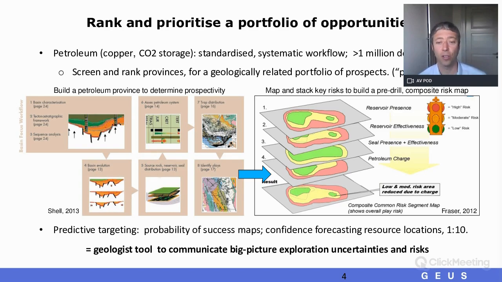On the right-hand side, you can see that the product of this logic is predictive targeting, and the outputs are probability of success maps, which is how geoscientists, using colours, show their confidence in their model to forecast the location of undiscovered resources. And for the petroleum sector, there's about a 1 in 10 chance of success. And so these are geological tools to communicate big picture exploration uncertainties and risks to a range of stakeholders.